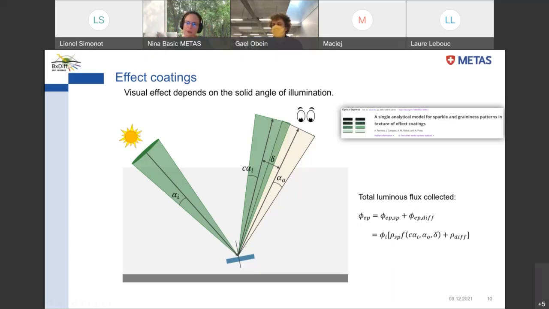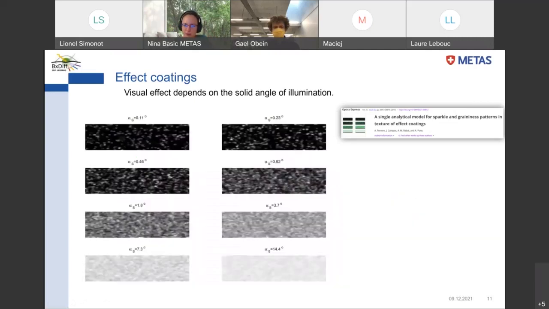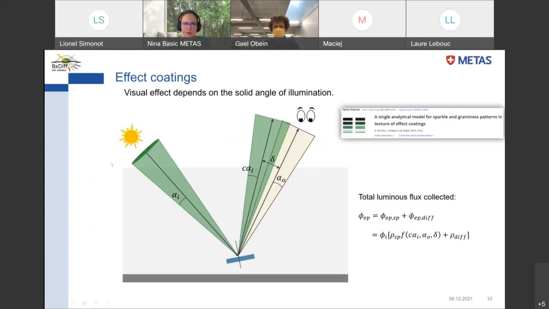Now the other part, the specular part, is very dependent on the solid angles. So what we have here, we have the light source, and we have to know this is not a point light source, but it has its own solid angle. Sorry, I'm trying to find my mouse.